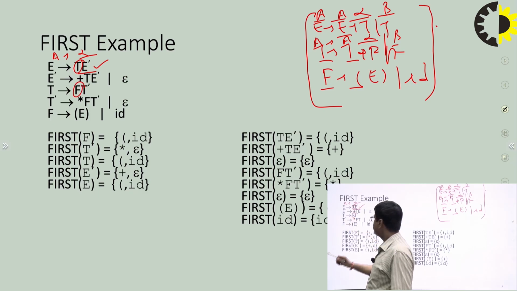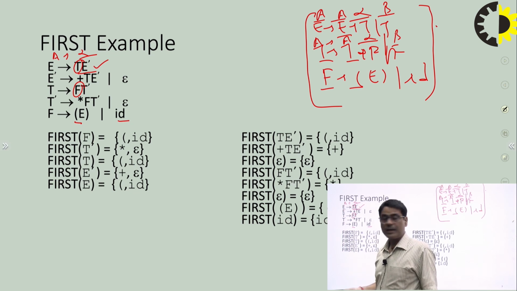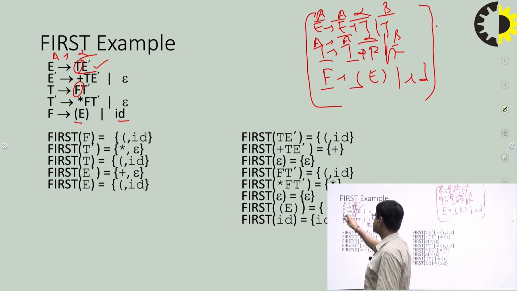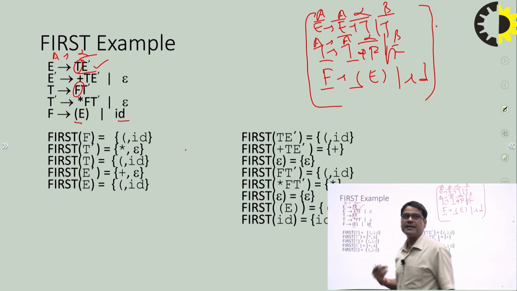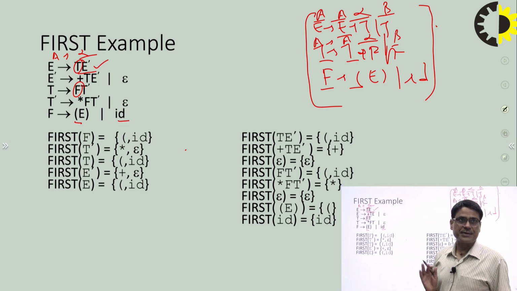Capital F is there. Then F produces left parenthesis and ID. So both you have to add in the set of F, left parenthesis comma ID, and simultaneously it is added into the first set of capital T and first set of capital E also. So the first sets of F, T and E will be the same because it is a derivative string.